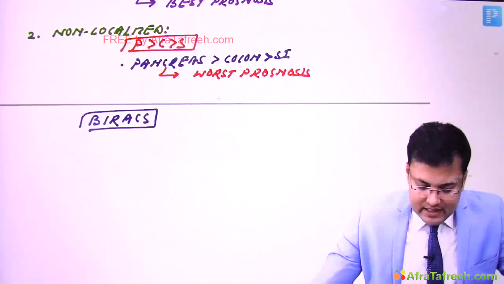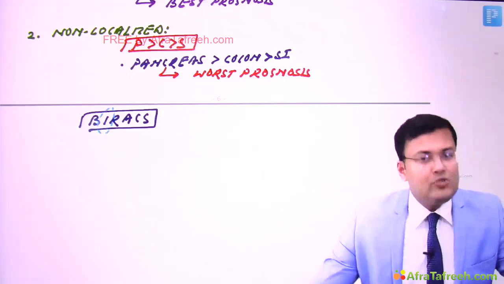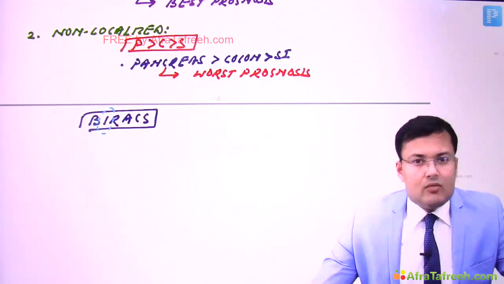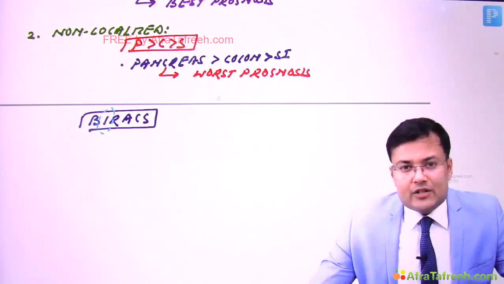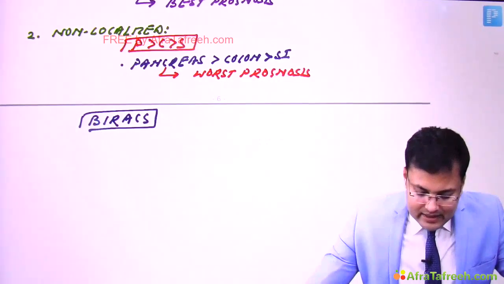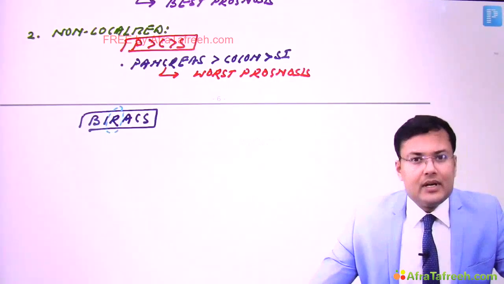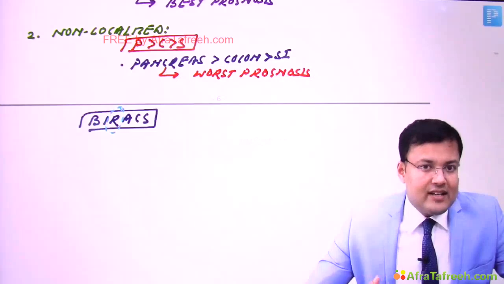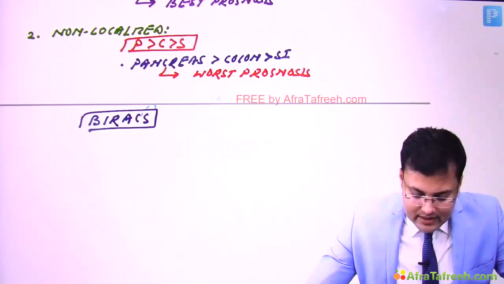And if the question asks the most common site of carcinoid tumor in GIT, that's ileum. Second question, most common site of carcinoid tumor in hindgut, then it is rectum. Most common site of carcinoid tumor in foregut in GIT, then it is stomach.